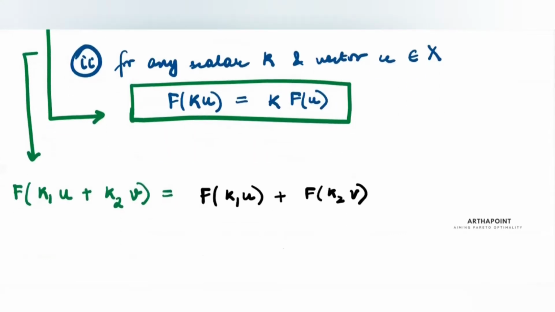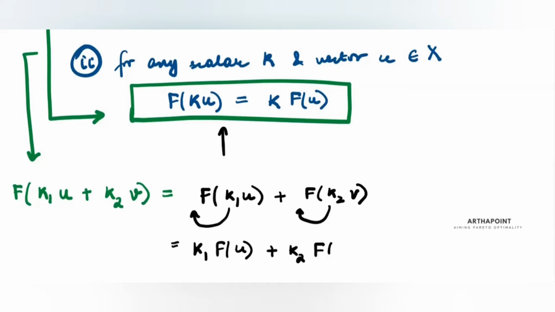And now I should be able to bring the scalar out from the second condition. So this should be k1 f of u plus k2 f of v.